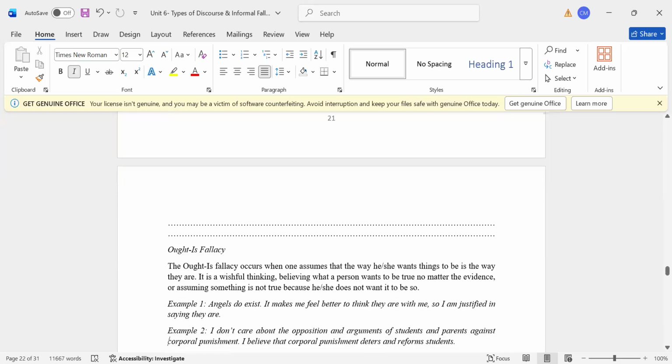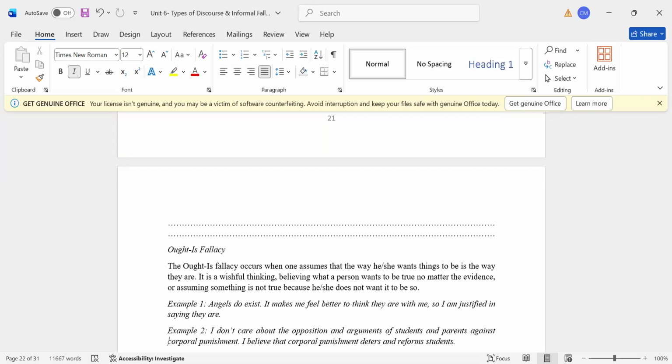What is fallacy? When you make an assumption of something that does not exist in real life or cannot be seen in real life, and on the basis of it, you make a conclusion about reality. It is not there in real life.